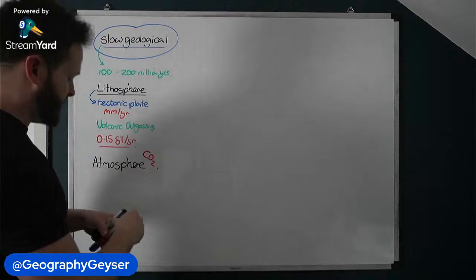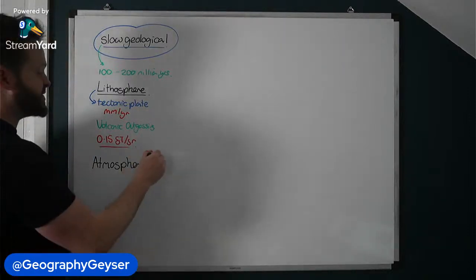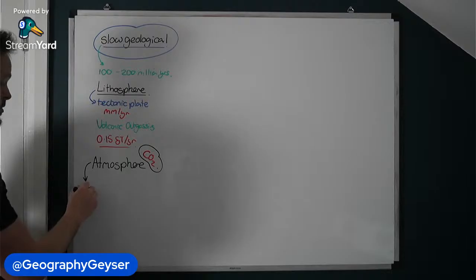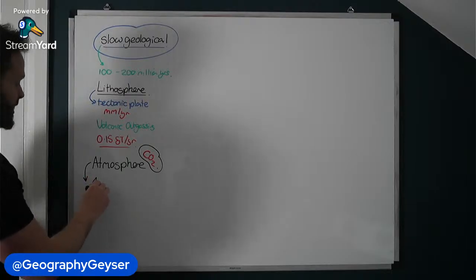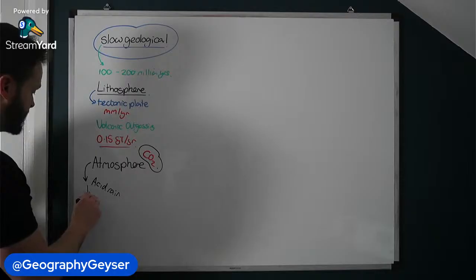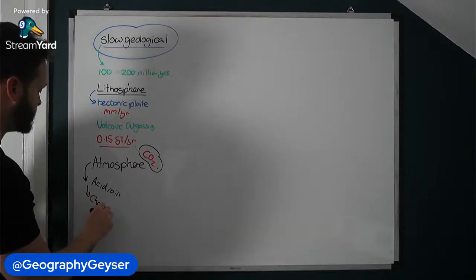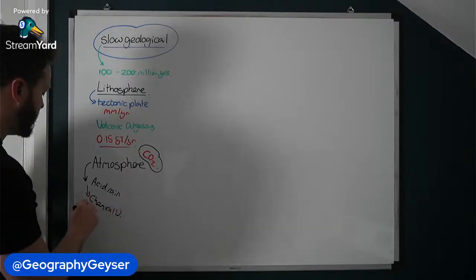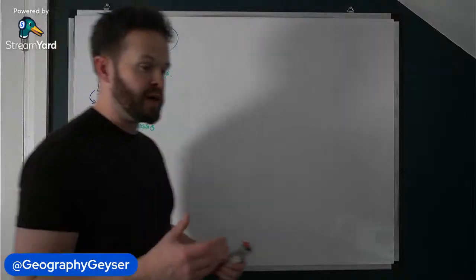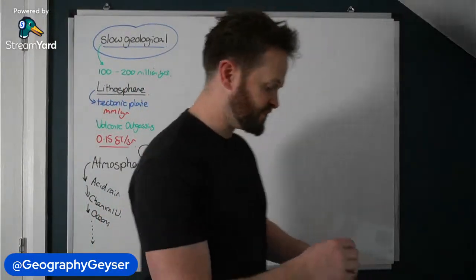What we established last week is that if it wanted to stay in the slow geological cycle, it would go down the route of acid rain, then chemical weathering, then make its way into the oceans, sink to the ocean floor and become part of the lithosphere once more.